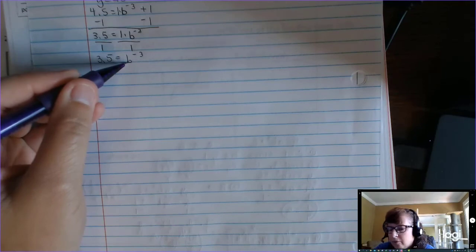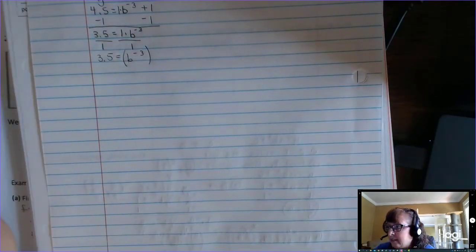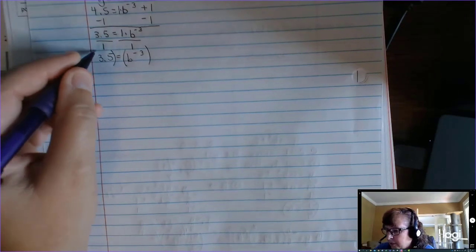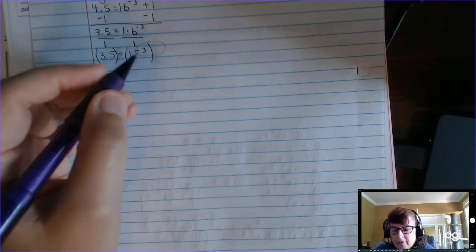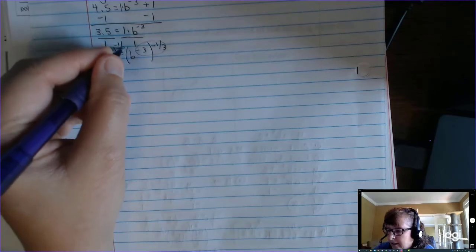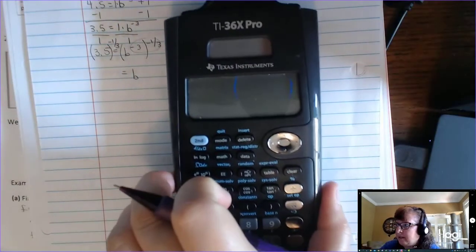I've shown you 2 ways to do this. I like to use rational exponents. So you have to remember that you can raise this to any power you want as long as you raise that to that power. So if I want to get a positive 1 right here, I'm just going to raise it to the reciprocal of -3, which would be -1/3 power. Because I have a powerful calculator, that'll do that for me.